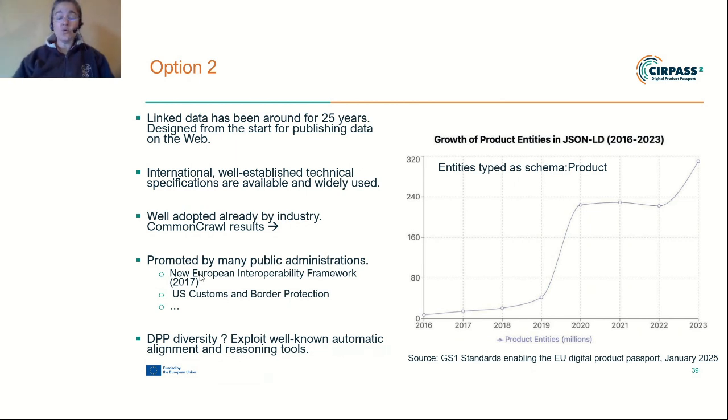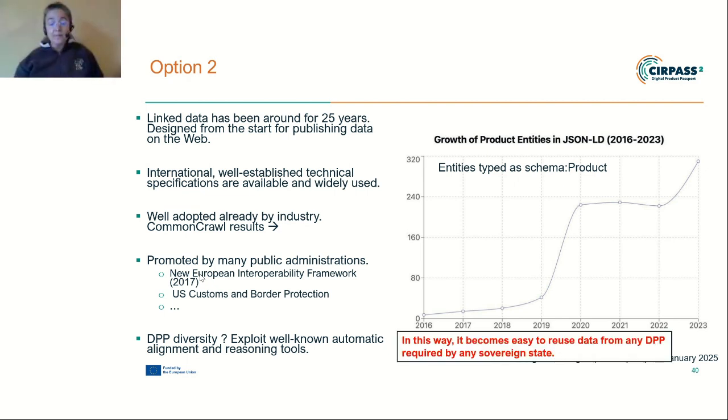And then, how will we deal with DPP diversity? Well, we will use well known and formal, mathematically sound automatic alignment and reasoning tools in order to do this if necessary. In this way, it would become easy to reuse data from any DPP issued anywhere in the world by any stakeholder, and that might be mandatory by any sovereign state.